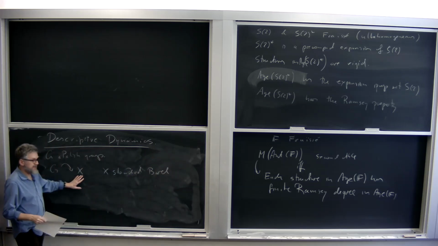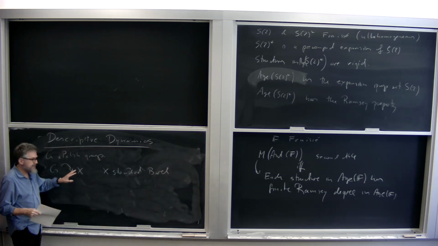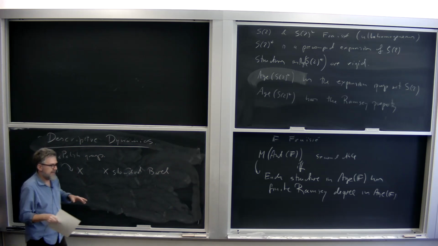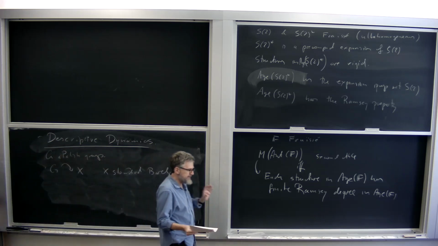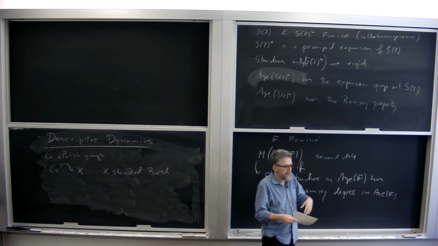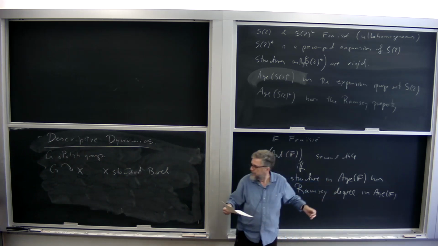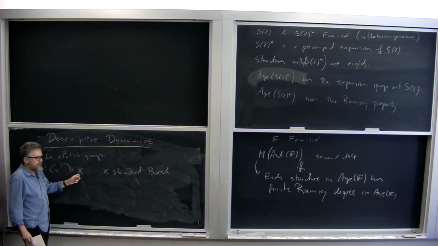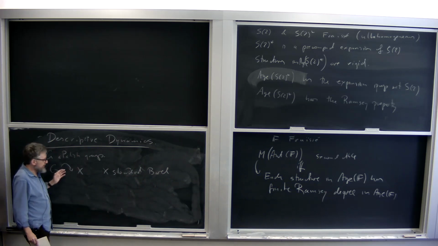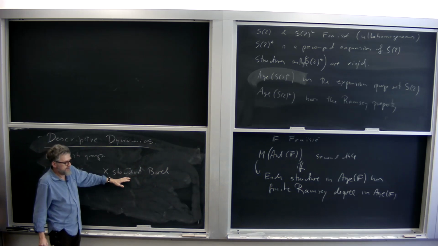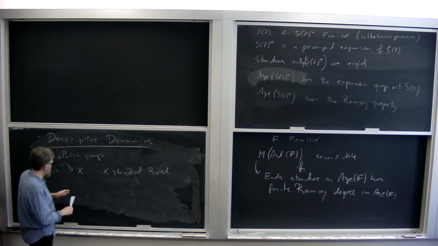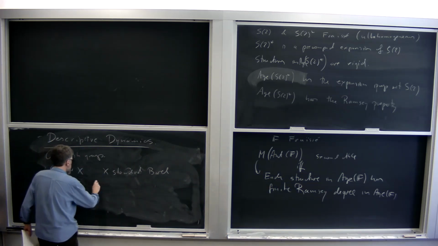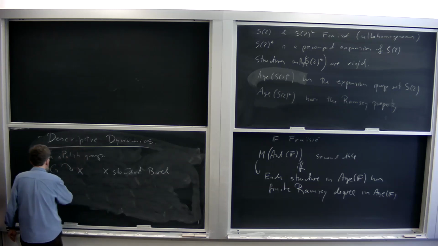I just remember it's X equipped with a sigma algebra, not just any sigma algebra, but the sigma algebra of Borel sets of some Polish topology. But there is no direct interaction between G and the topology on X. G only sees the Borel sigma algebra, right? So the action is a Borel action.